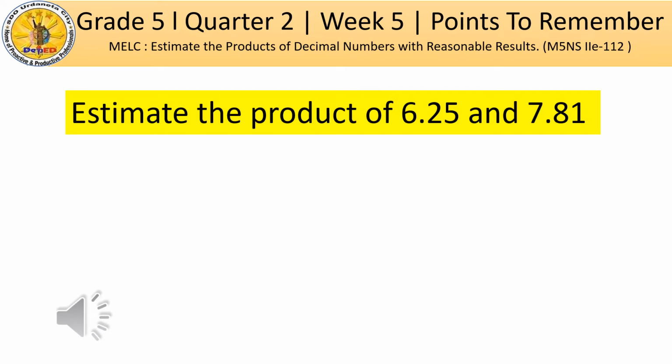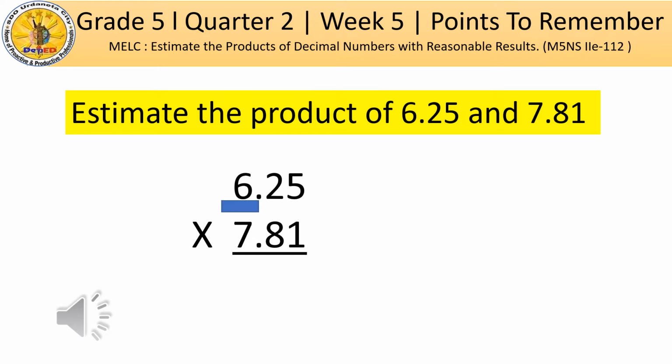Let us study the first example. Estimate the product of 6 and 25 hundredths and 7 and 81 hundredths. We are going to round the factors to the nearest whole number before multiplying. So, if we are going to round off 6 and 25 hundredths to the nearest whole number, find the greatest place value, which is 6.